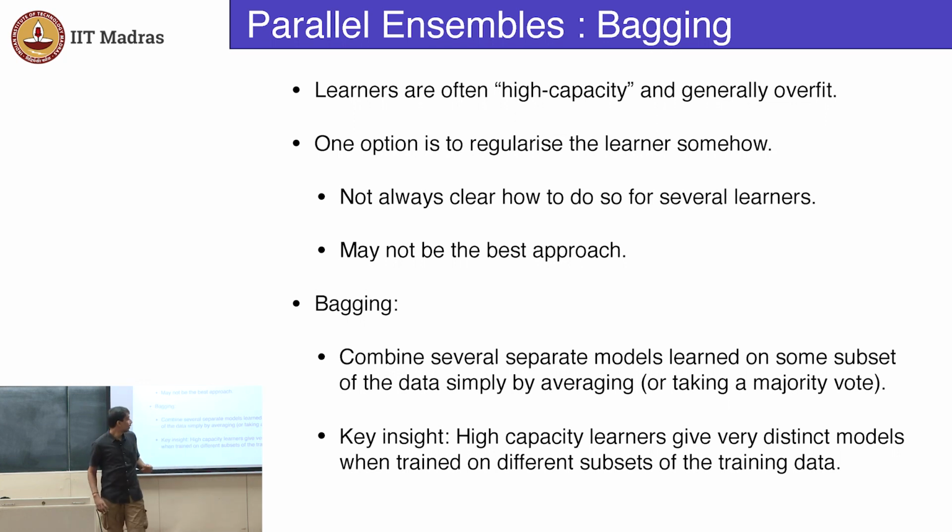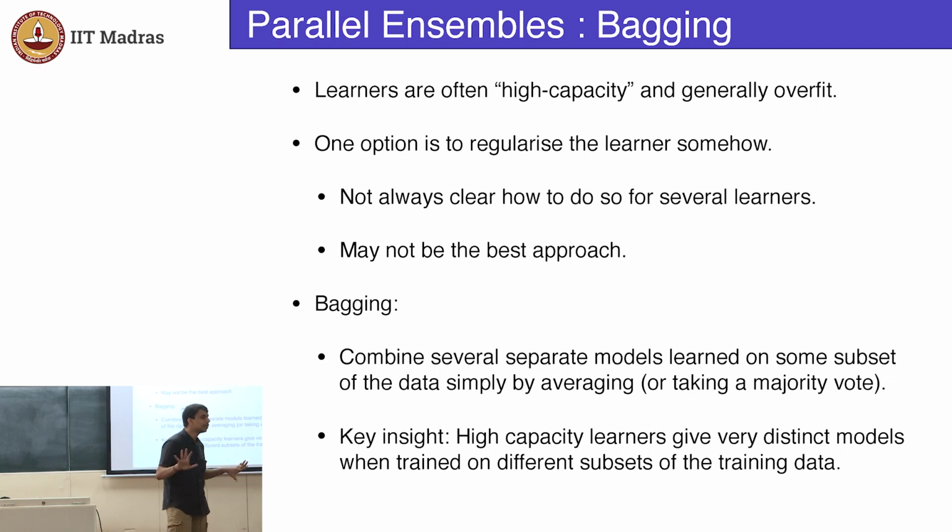So the key insight is when you have these 100 models, let's say all of them are good in some sense, they all do reasonably well, but they are very, very different. Let's say one model is a decision tree where the root node is elevation, and another model has a root node of, let's say, price.